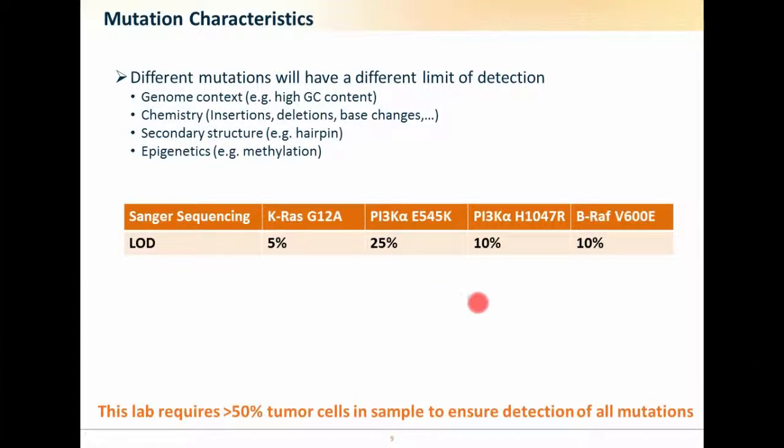And what we were able to highlight at this lab was that, although for the KRAS G12A, the PI3 kinase H1047R, and the BRAF fusion they had good sensitivities of 5% or 10%, for the PI3 kinase E545K, they had a limit of detection of 25%, which would mean that they would need at least a 50% tumor sample to be able to detect this mutation if it was heterozygous. And so in this case, once we'd highlighted this, they were able to redesign primers and get a much more sensitive assay set up.